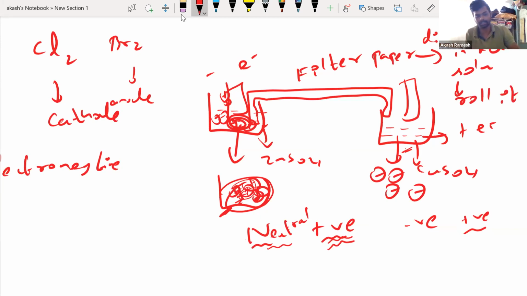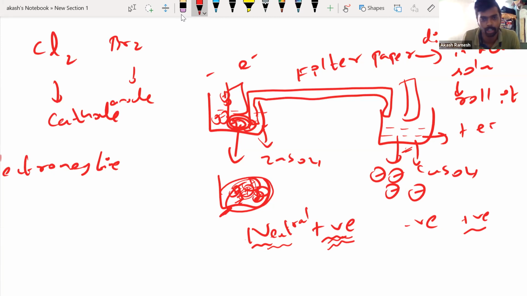Say if you can look at my video, the filter paper will be like this, so you roll it like this. It will become like a strip, and you take that strip and you insert it in both sides. You keep both the ends in the anode and cathode. That's it. That's very simple.